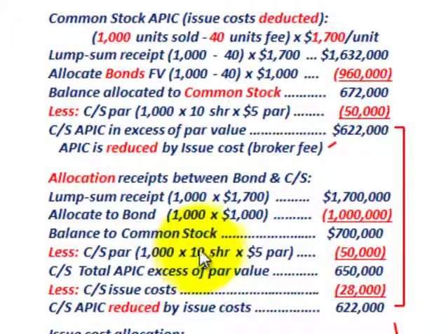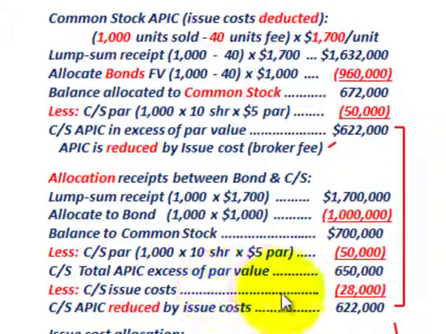Now taking our par value, 1,000 units, 10 shares per unit at $5 par value, that's $50,000. The difference between the common stock at $700,000 less the par amount of $50,000 gives us a total additional paid-in capital, excess above par, of $650,000.